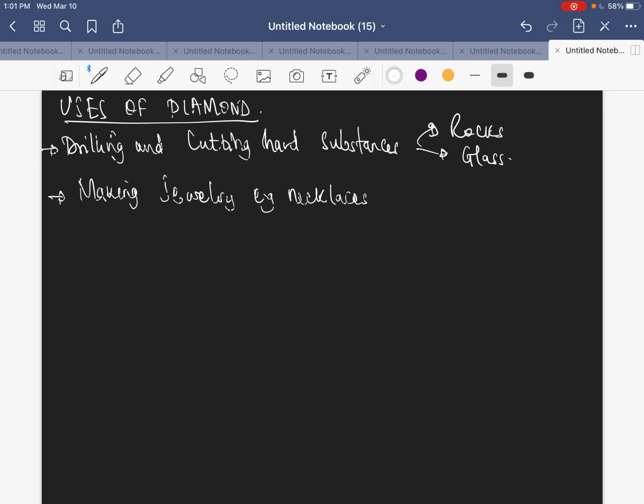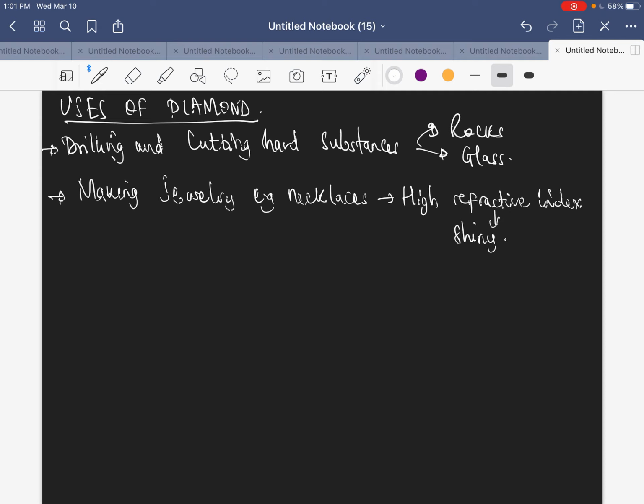One, because of that sparkling color. 2, diamond also has a very high refractive index, which makes them shiny. So those are some of the reasons why it's used to make jewelry.